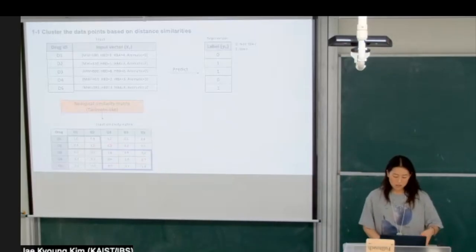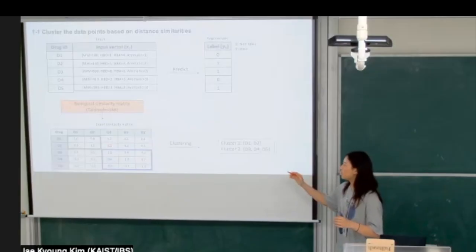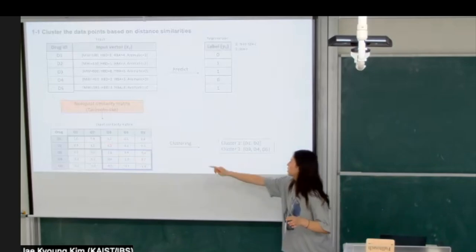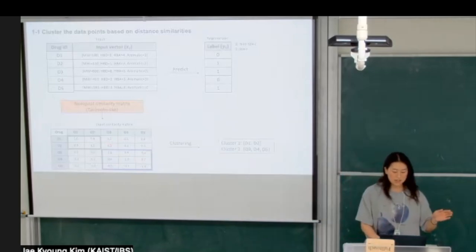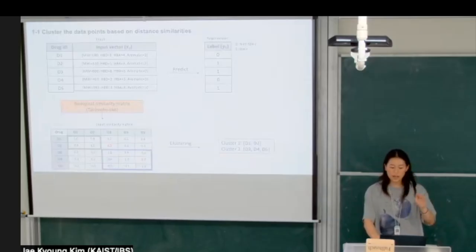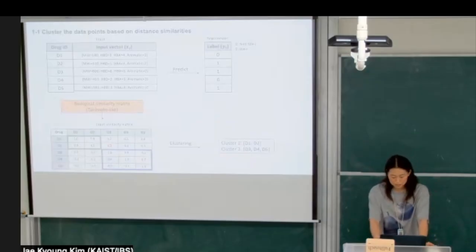And then they cluster, and users can choose any clustering method for this, but visually we can just cluster them. So we will have cluster 1, D1, D2, and cluster 2, D3, 4, 5. So that's the basic setup.